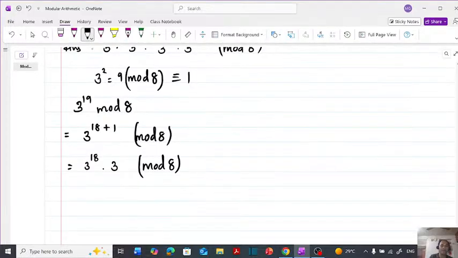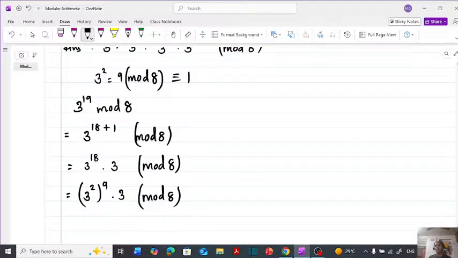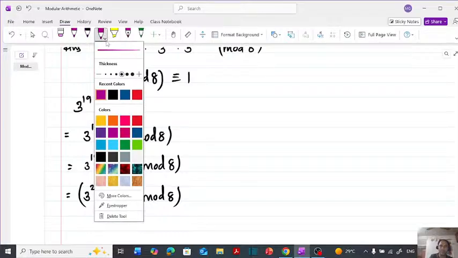Okay, now this will be what? Here it's going to be 3 raised to 2, to the power 9, into 3 mod 8, right? That is how you have 18, 2 into 9. Now 3 square we have already said that it is going to behave like 1, okay?